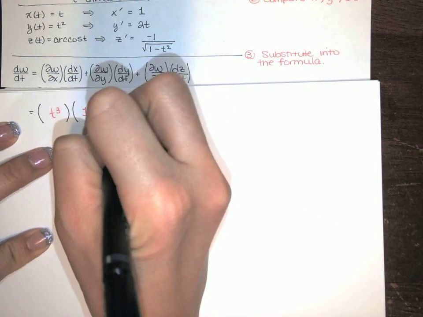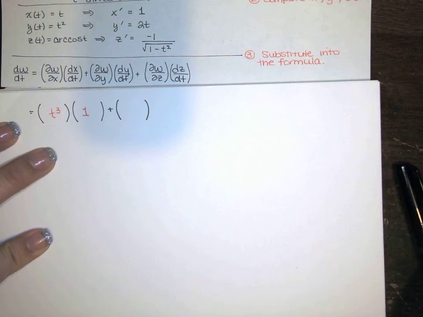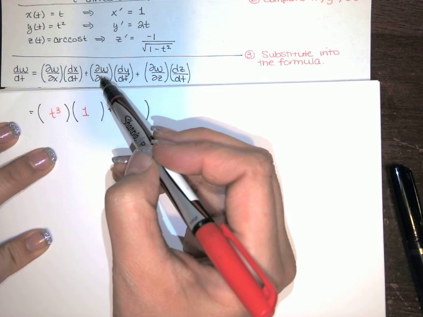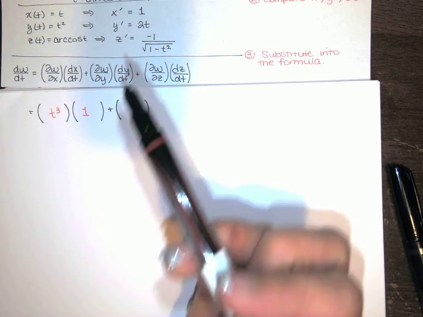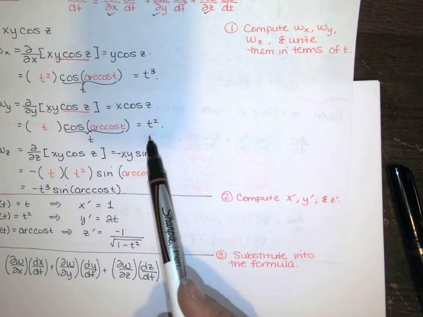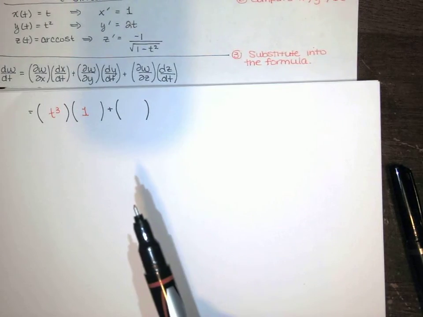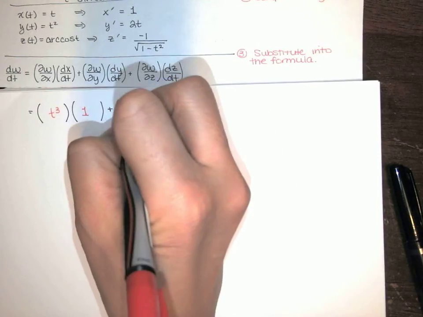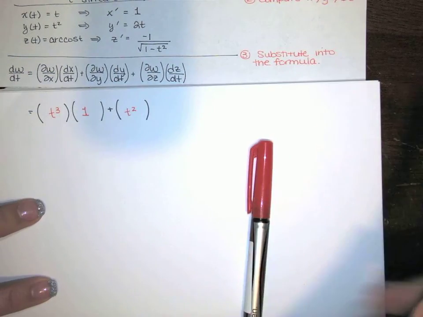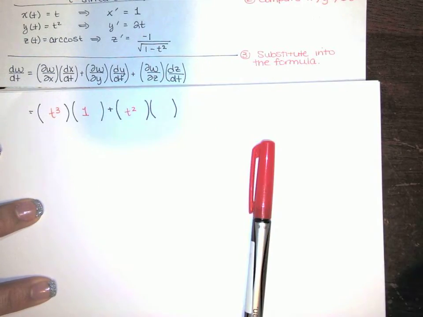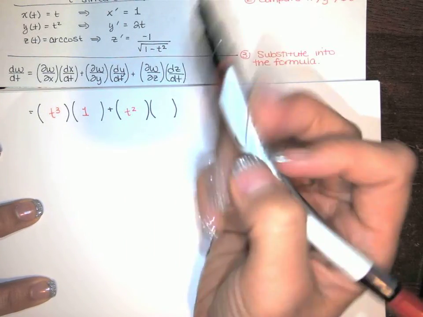And then the partial of w with respect to y in terms of t, well, from earlier, that was t squared. And I'm multiplying that by the derivative of y with respect to t, which is 2t.